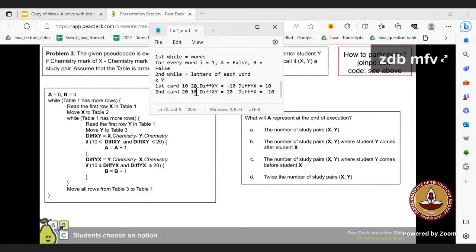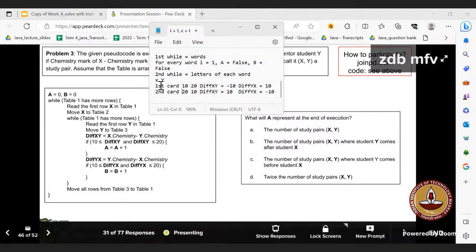The first sequence, if x is coming. Okay, I should write in the other manner, I think. The first card is 10, and the second card is 20, like y is 20.